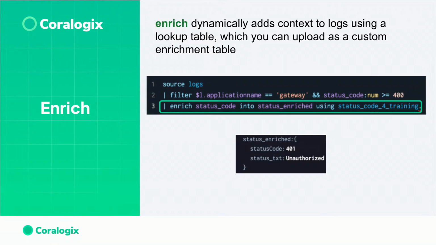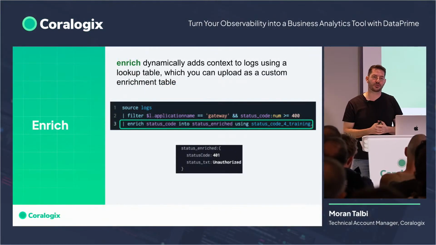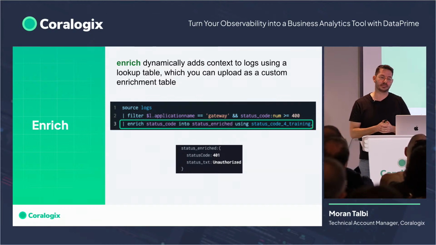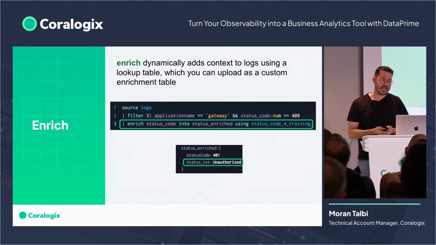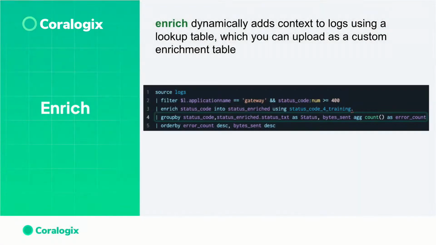The log contains more context now. I created a status enriched sub-JSON, and the status code was 401 in this case, and it got the unauthorized text next to it.